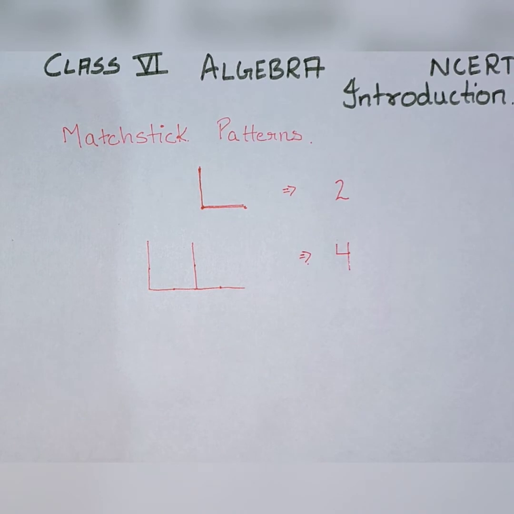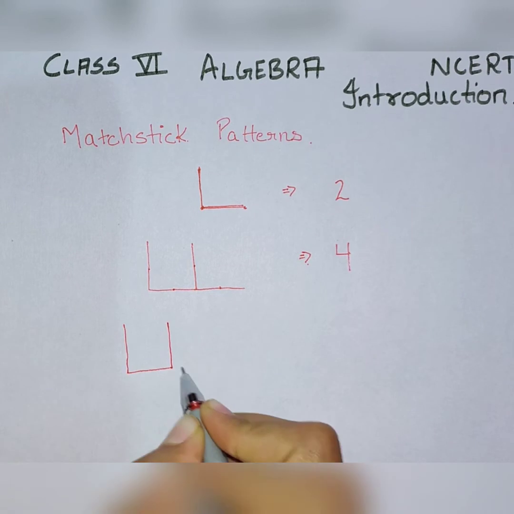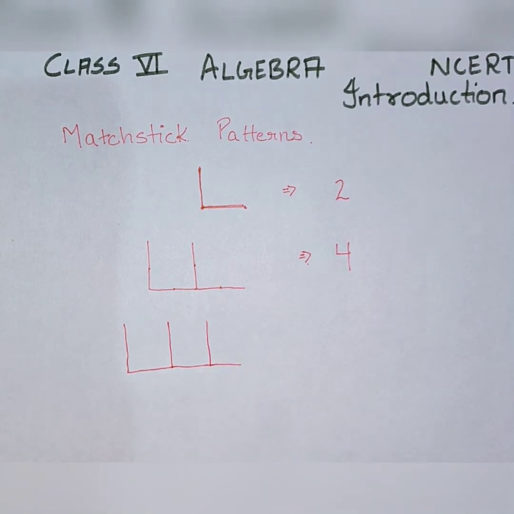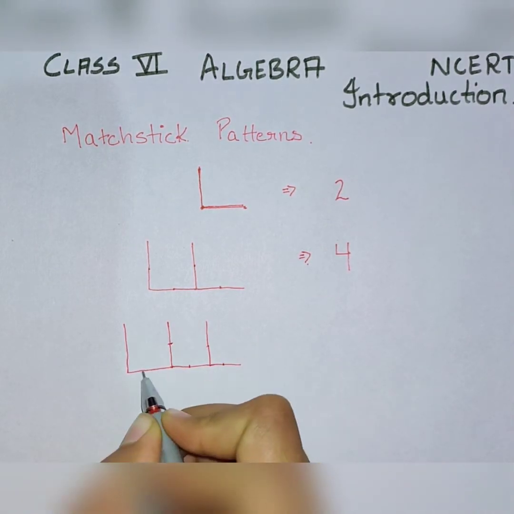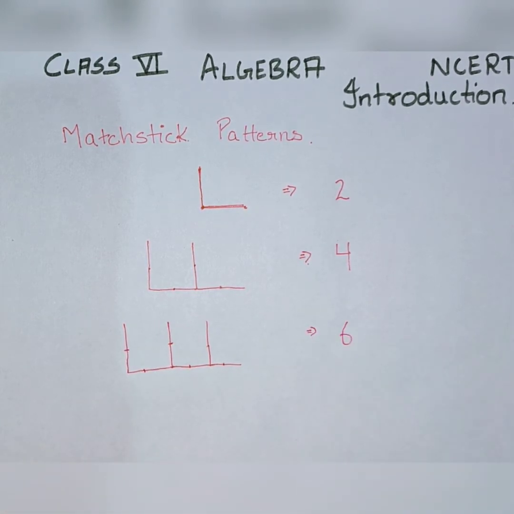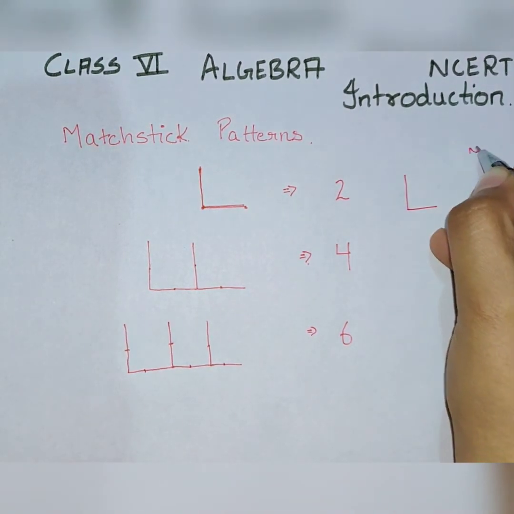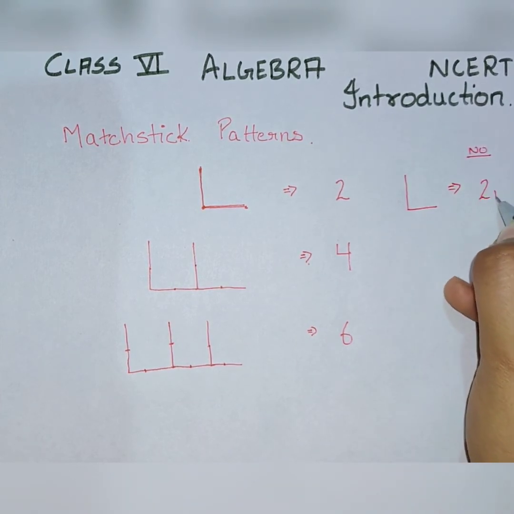Now for 3L, 1L, 2 and 3L. So the number of matchsticks used for 3L will be 1, 2, 3, 4, 5, 6. What we understood from this pattern is that for making L, the number of matchsticks is in the form 2n.